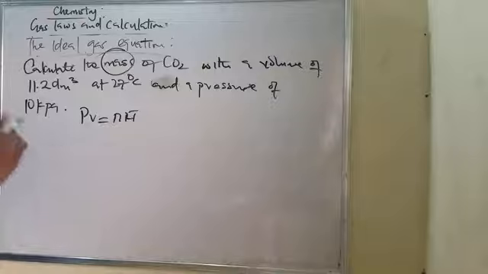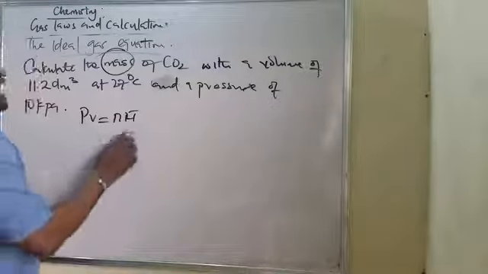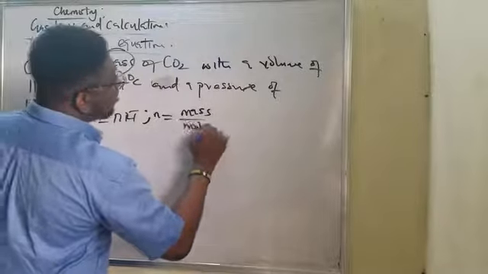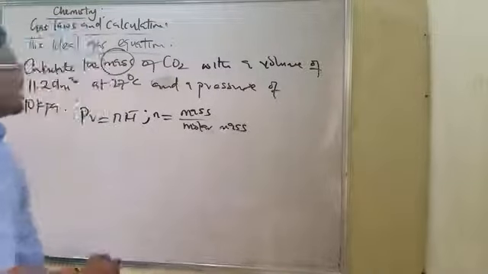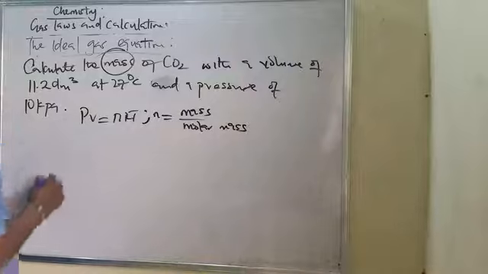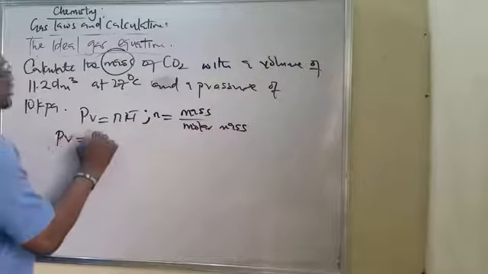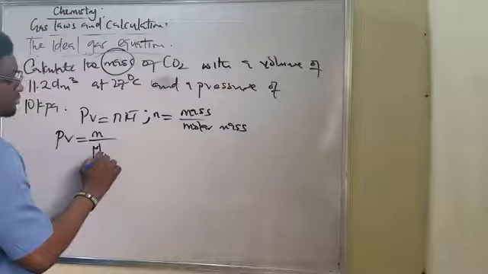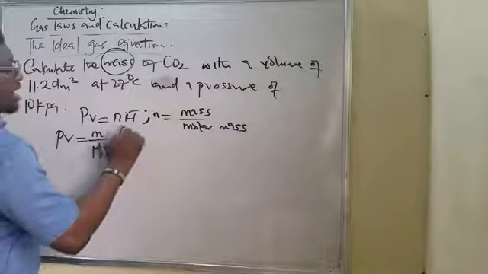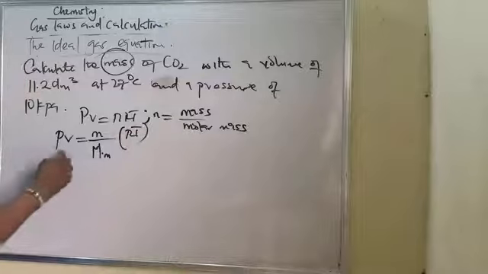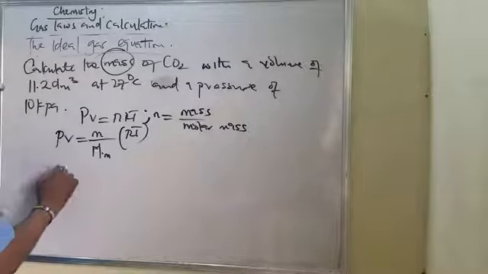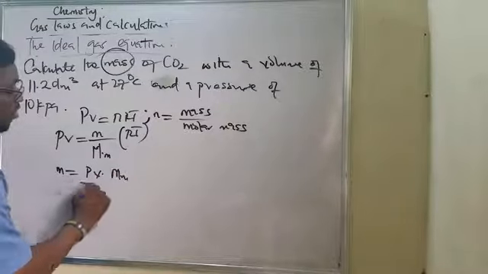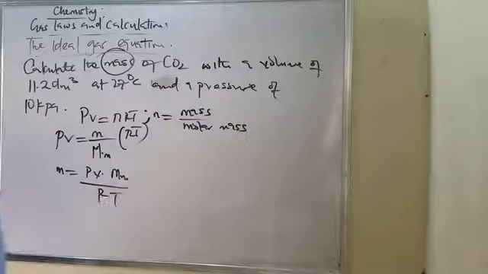Now, from your basic chemistry, you realize that your n is equals to your mass over molar mass. So you can also further this formula to be PV is equals to mass all over molar mass, RT. So my mass will be equals to PV times my molar mass all over my RT.